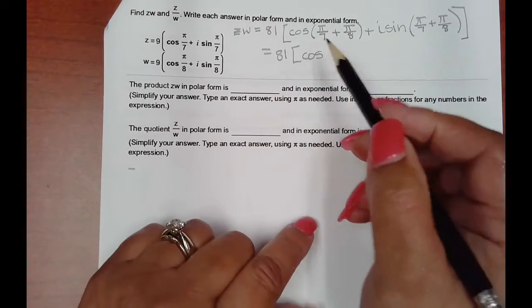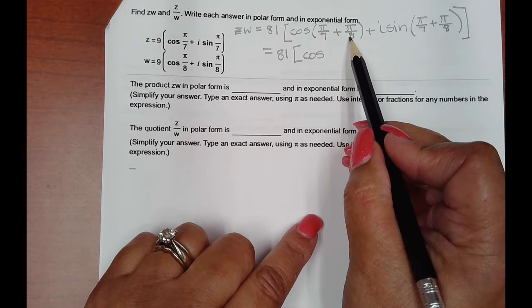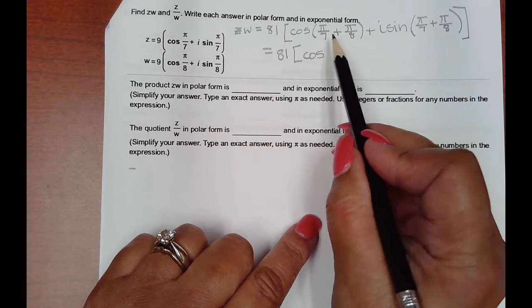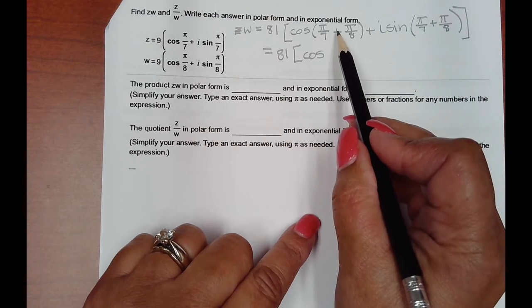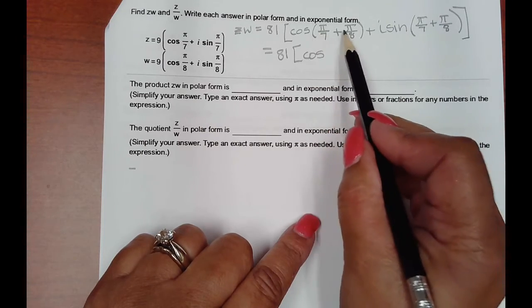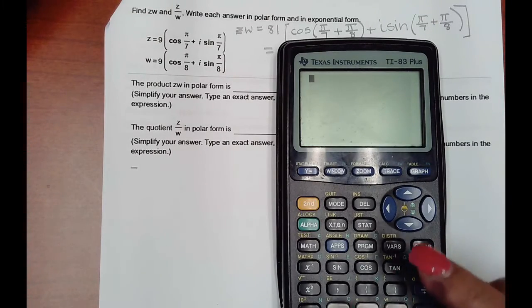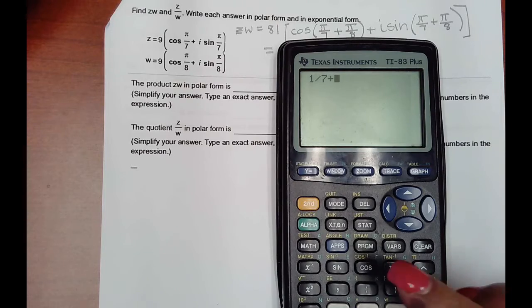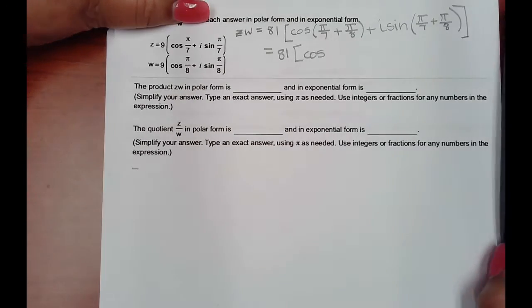Okay, so when you put this in your calculator, you would just put 1/7 plus 1/8. And instead of hitting enter, you hit math, enter, enter. The calculator will get a common denominator for you and reduce it. And then you can put the pi back on, but you don't need to enter the pi in your calculator. Just enter 1/7 plus 1/8, just to get a little help with getting common denominators. So 1/7 plus 1/8, and instead of enter, hit math, enter, enter. And it gives you common denominators on those fractions and reduces it.